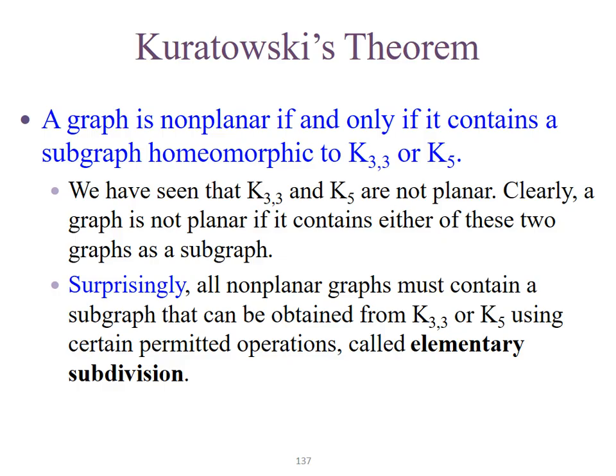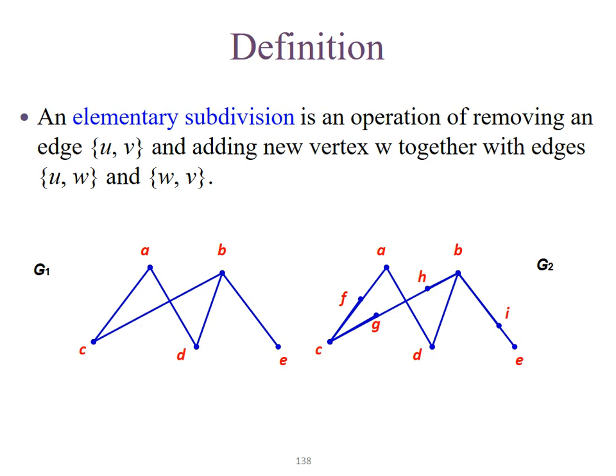Next, let's see what a homeomorphic graph is. Before we introduce homeomorphism, we will introduce another operation, called elementary subdivision. Let's see these two examples. If we have G1, then you can see in G2 we have more vertices along the edge.